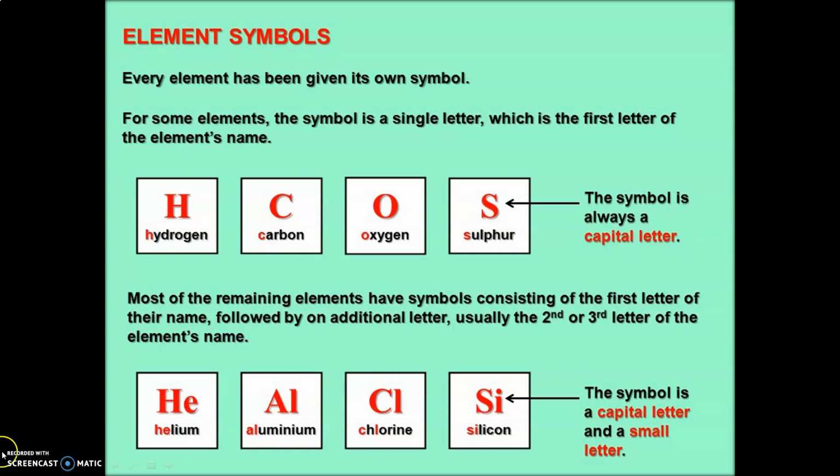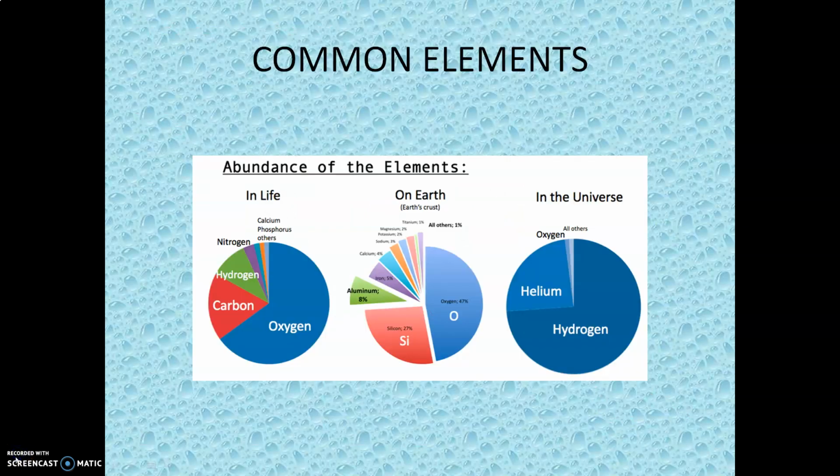Whenever you go to higher classes, you will observe that those symbols are derived from Latin names. Like C is for carbon, so copper will have first two letters, but the Cu symbol is derived from the word cuprum. Latin word is cuprum.